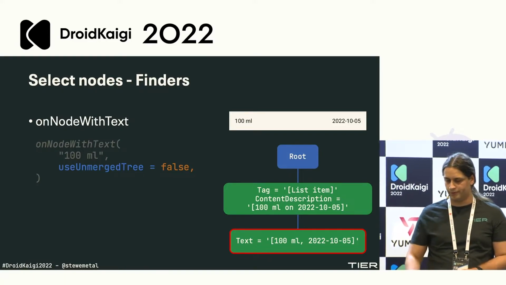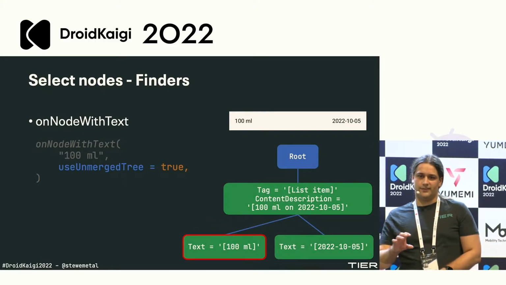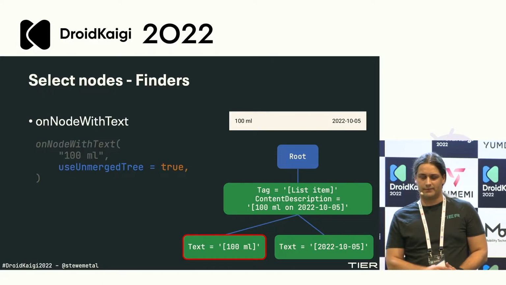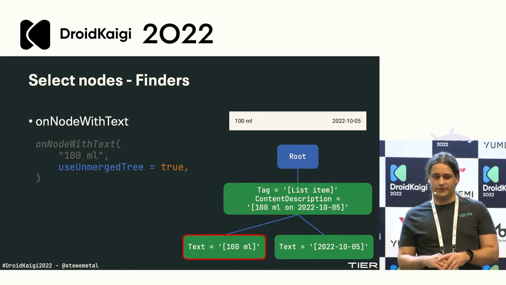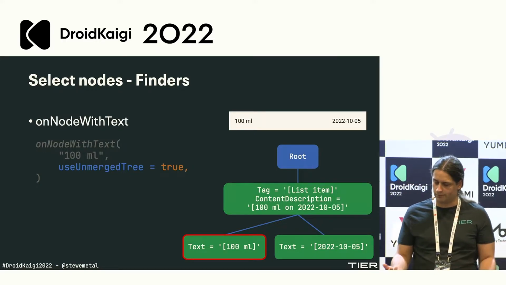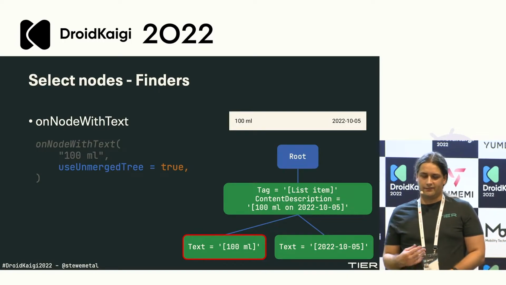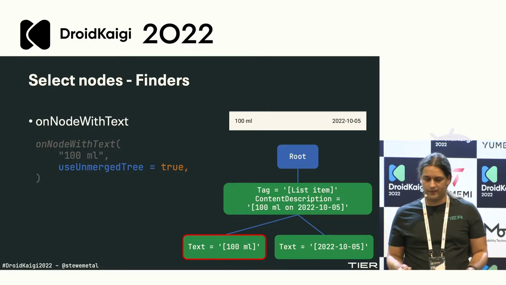But if we set it to true, then all of the nodes that would be available without merging the semantics tree will be available. So if you have a use case where you actually want to test some sub-components that are there but not available in the merged semantics tree, you can do that as well.